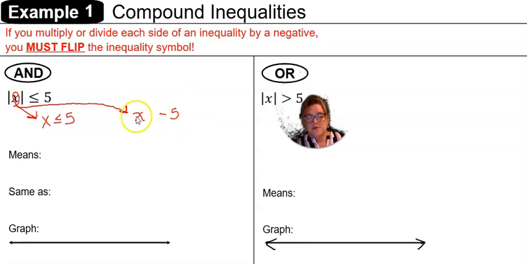But because we're using a negative on that opposite side, we change the direction of that inequality from a less than or equal to a greater than or equal. So what this means is that on our number line, we have -5 and we have a +5. The x's are going to be less than or equal to the +5.